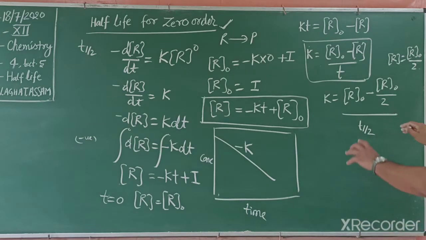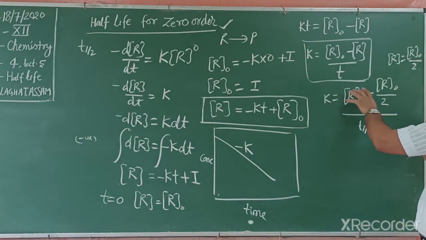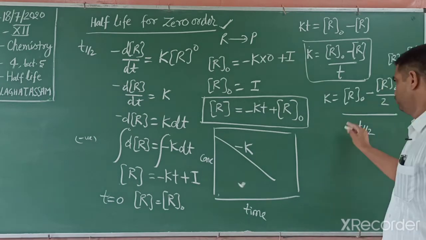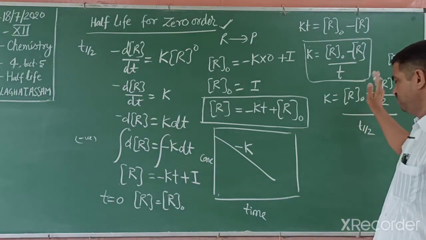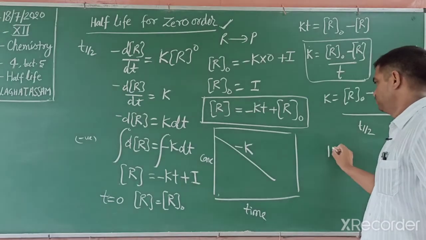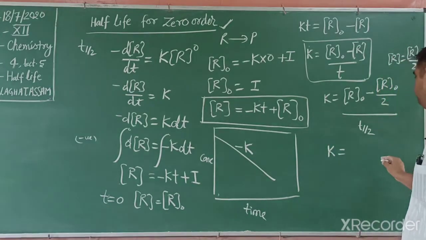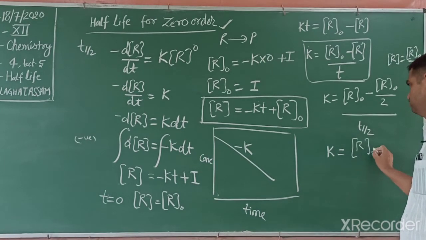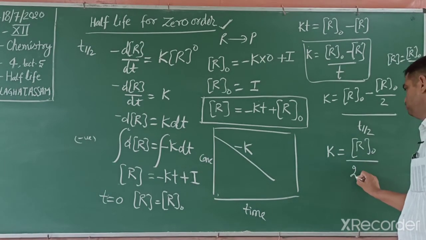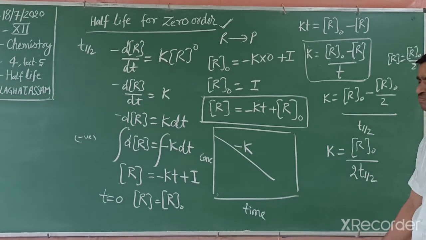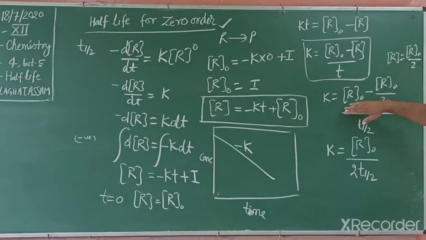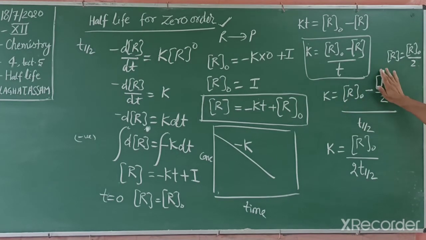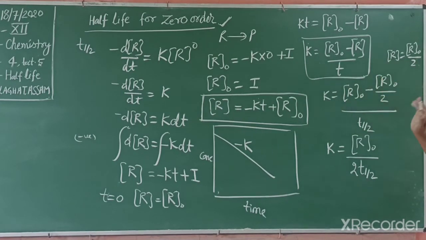So when we solve this equation, we take the LCM, 2R by R. Further we solve, 1 minus half, then 1 by 2. So the equation comes k is equal to R naught divided by 2 t 1 by 2, because this is 1 R, this is half R, so R by 2 we write.